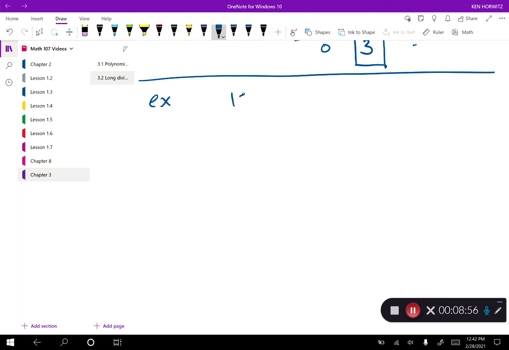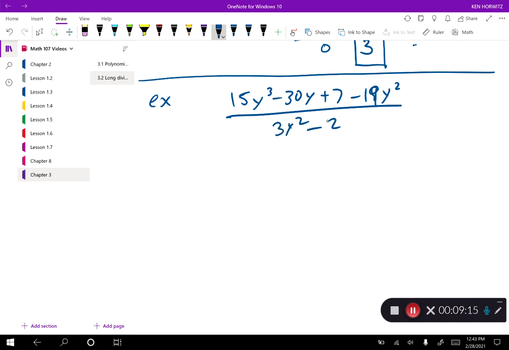I have 15y cubed minus 30y plus 7 minus 19y squared over 3y squared minus 2 minus, not 15, just 5y.